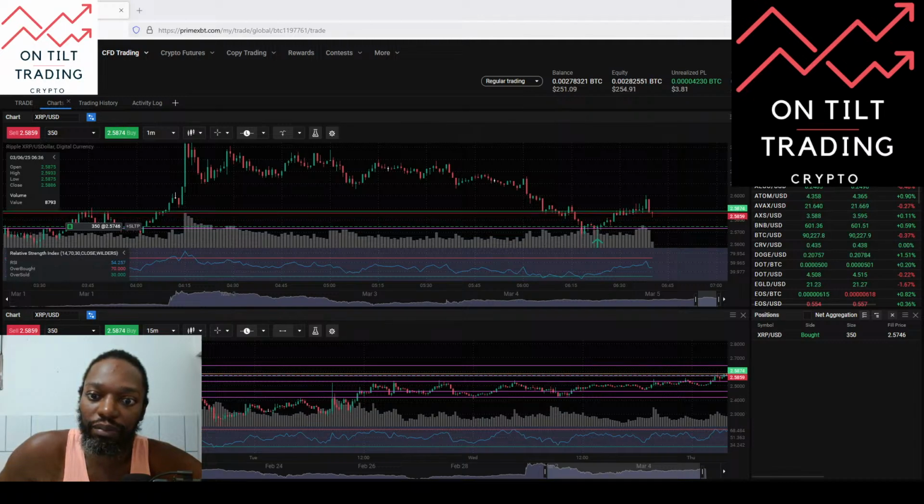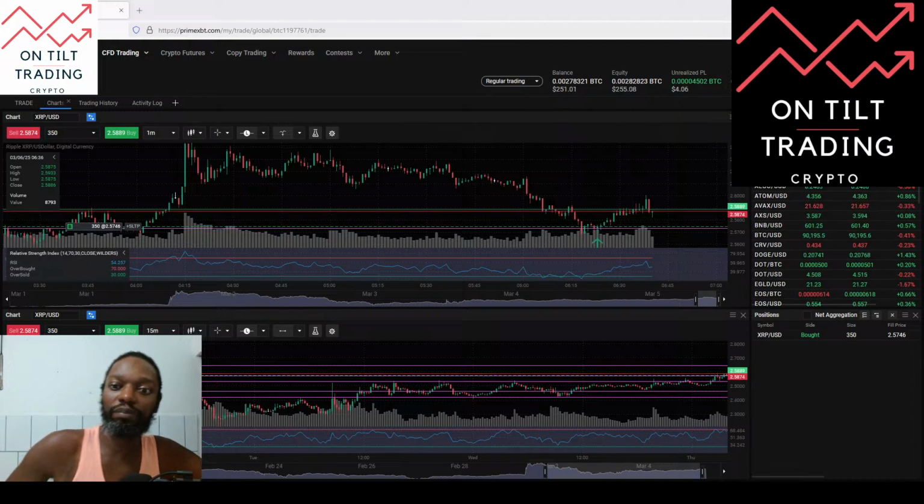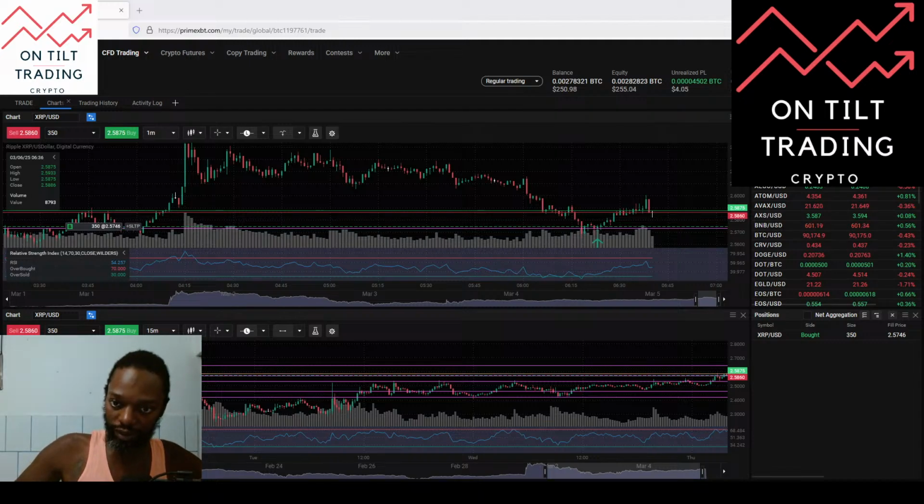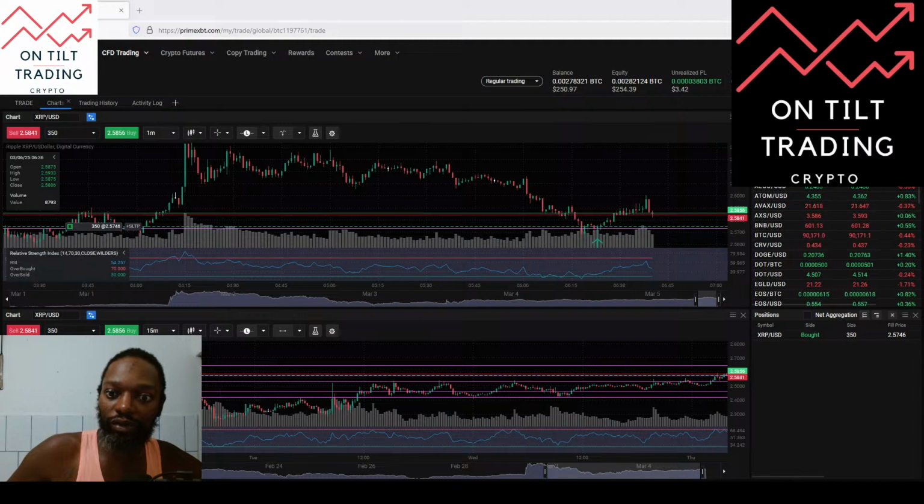So when the price action gets above this level, they want to take an entry for a long here. The only issue with this is typically when a currency pair or any financial instrument has a breakout, there's going to be pullback, which is what we're seeing right now. So we had this breakout, and now we're pulling back.